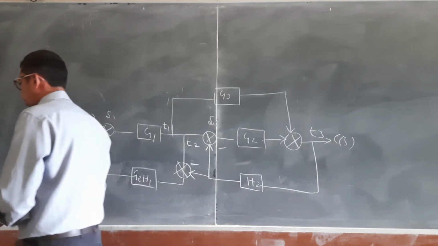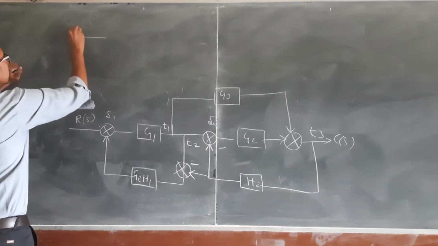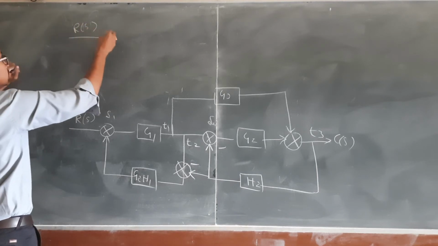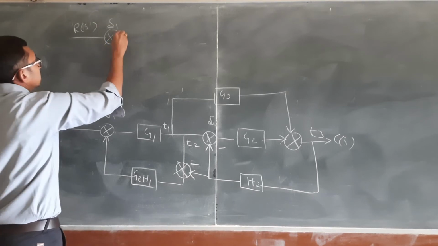First we need to write the forward path. R of S. Here we have summing point S1.